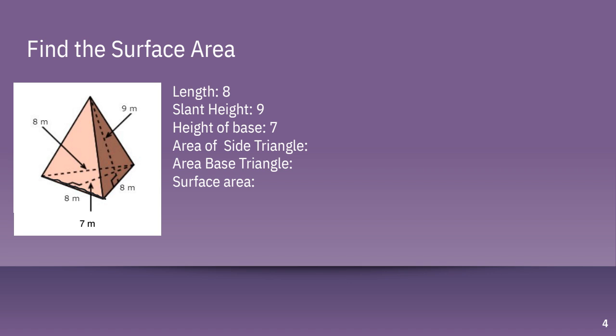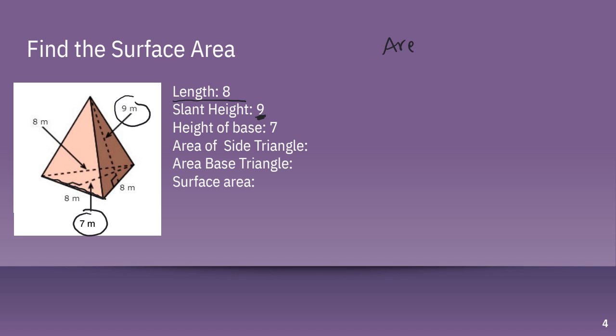The slant height, right here, is the height of the triangle that is slanted. That's what we will use for the height when we are finding the area of our side triangles. And the base height, that's the bottom triangle, is going to be 7.